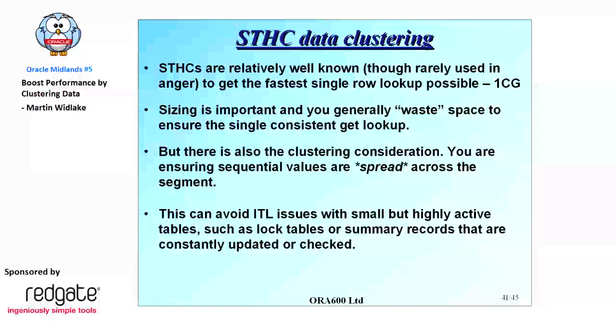What was that saying about later? Oh yeah, there's another reason. I talk about clustering data. This is another sort of clustering, it's reverse clustering. You're inserting records and they're not going to the leading edge of the table. They're spread over the table. There's no hot space. And if you're having trouble with things like interested transaction lists in blocks, where Oracle keeps track of the number of processes interested in rows in that block at a time in the ITL, because they're all at the hot end of the table, if you use a hash, you can spread that out.